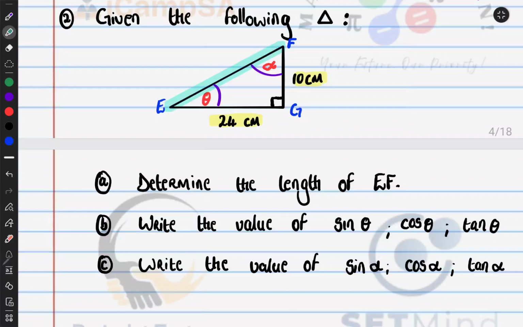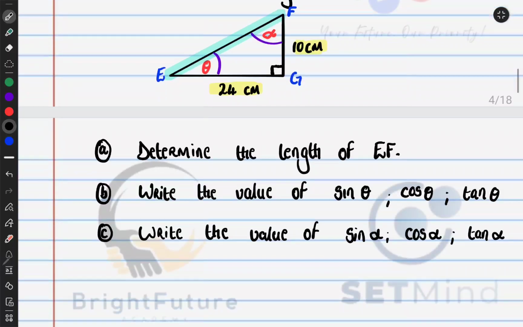What do we know about the side EF? Side EF is essentially the hypotenuse, because here we are dealing with a right angle triangle, and we can see that EF is facing the 90 degree angle. So we can find side EF by using what now?